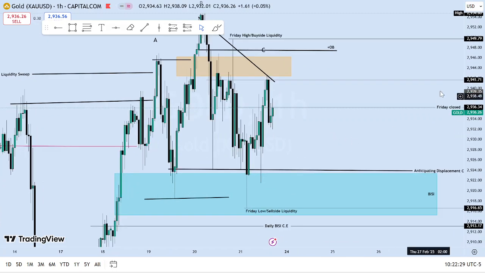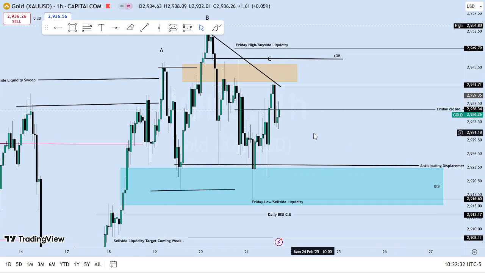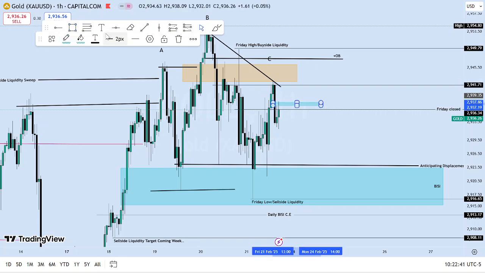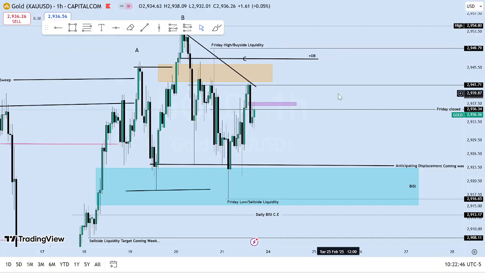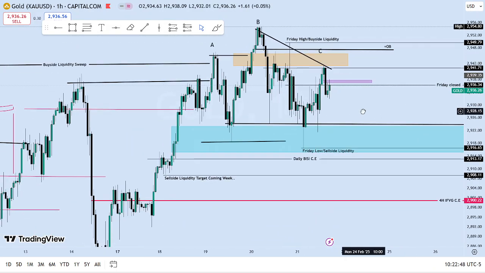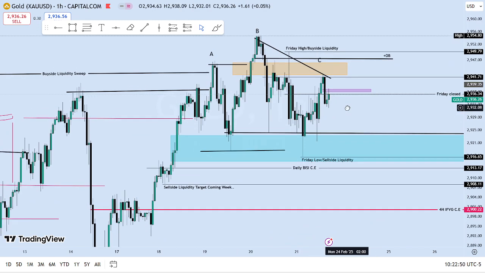Okay, great. That's nice. Love this. Have a little inefficiency here. Price closed. There's more fair value gap there, making a lower high. High, lower high, high, higher high, lower high. A, B, C.